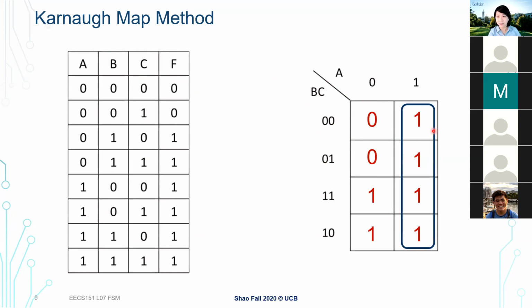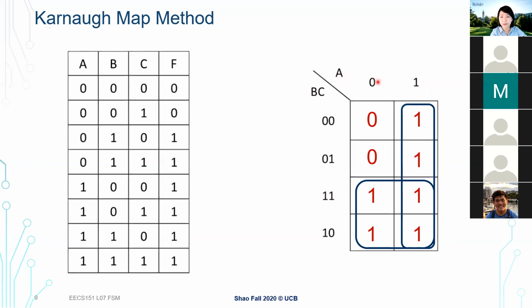So in this particular example, we can definitely draw a circle here, a 1x4 circle, because we have 4 ones. And we can also see another circle here, a 2x2 circle. We also have 4 ones here. Let's do one circle at a time. By looking at this circle, first we can eliminate the A term.